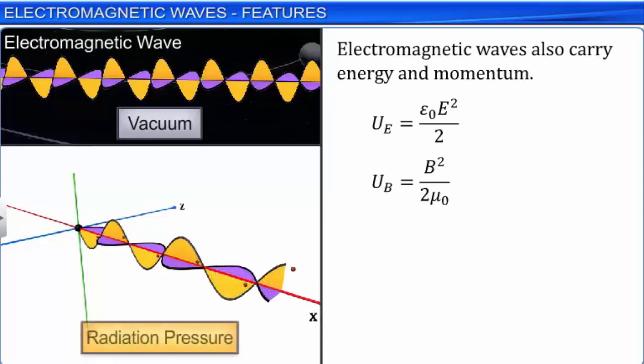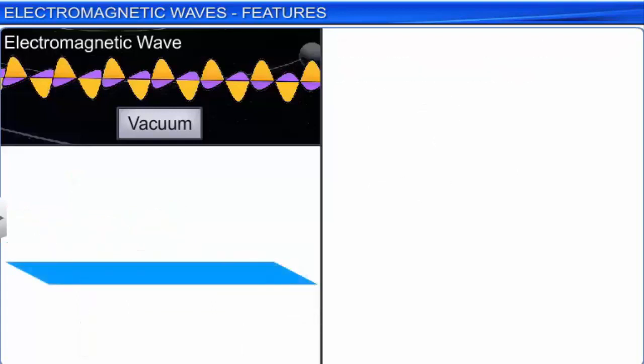If U is the energy transferred to a surface by electromagnetic radiation, C is the velocity of the radiation and P is the momentum exerted by the radiation on the surface, then P is equal to U by C. Here, the momentum P is inversely proportional to the velocity of the radiation C. Since the value of C is very high, the momentum exerted by the electromagnetic radiation is negligible.